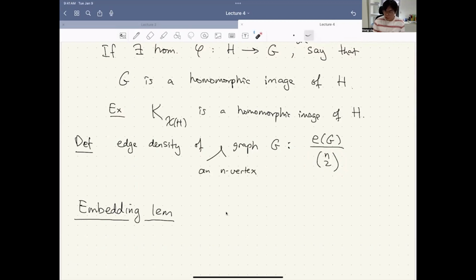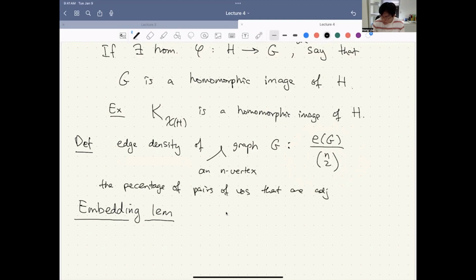So this quantity, edge density, is precisely the percentage of pairs of vertices that are adjacent in G. You can also interpret it probabilistically. Let's call this tau.